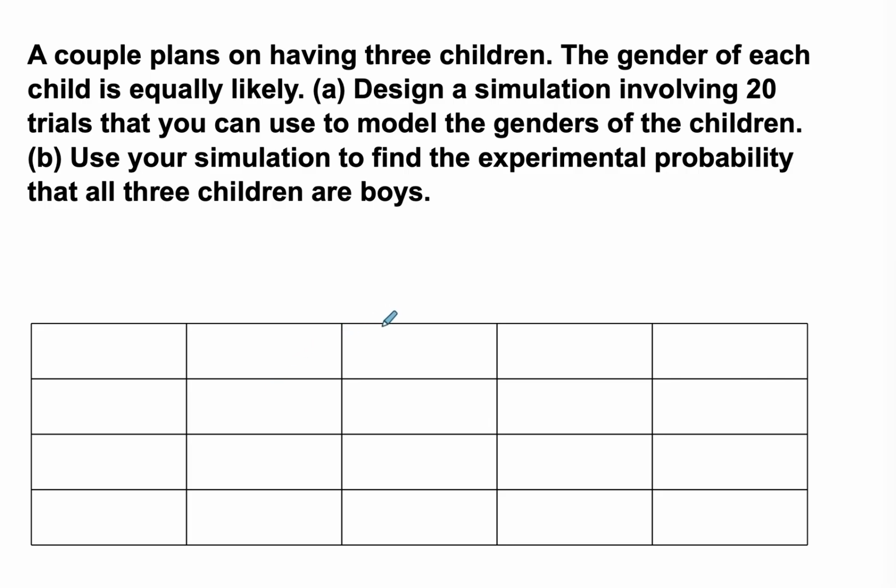Okay, so we are going to start by designing our simulation. We're going to use a coin because that has 2 equally likely situations. Our simulation is we're going to flip a coin. We're going to say heads equals boy, and tails equals girl.